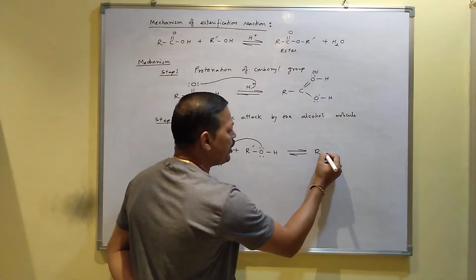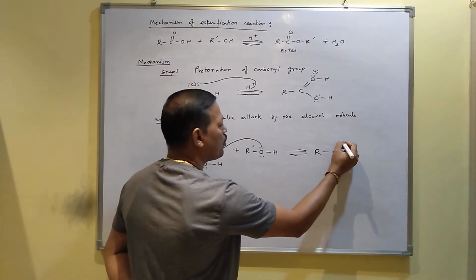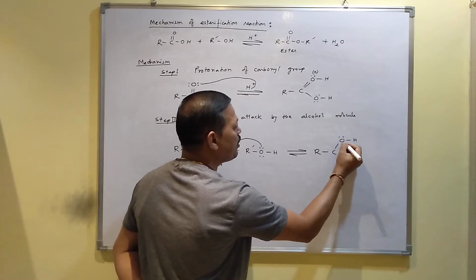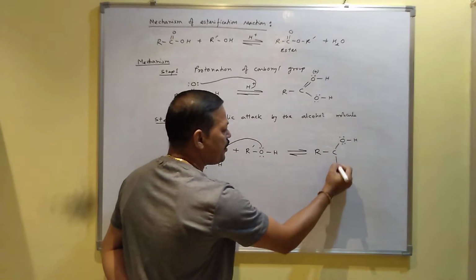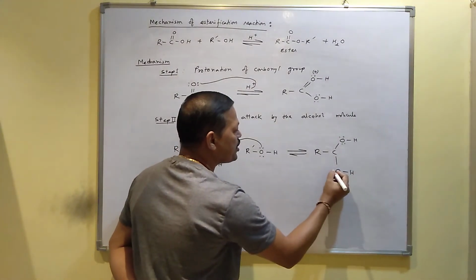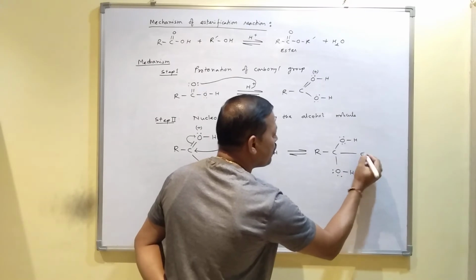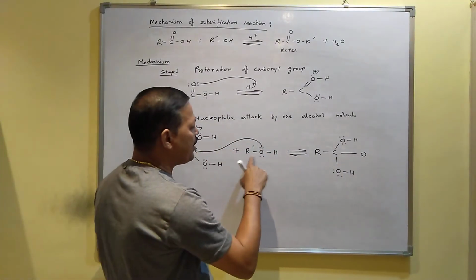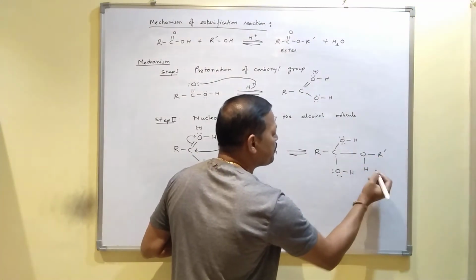So how will it join? This is R, this becomes a single bond, OH. Now inside oxygen you will get two lone pairs due to breaking of the double bond, and this OH remains the same, oxygen carrying two lone pairs. Now this oxygen, I mean the alcohol oxygen, is joined with carbon, and the R' and H remain with the oxygen.